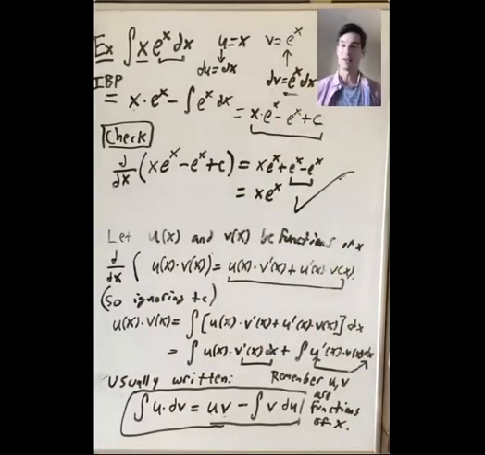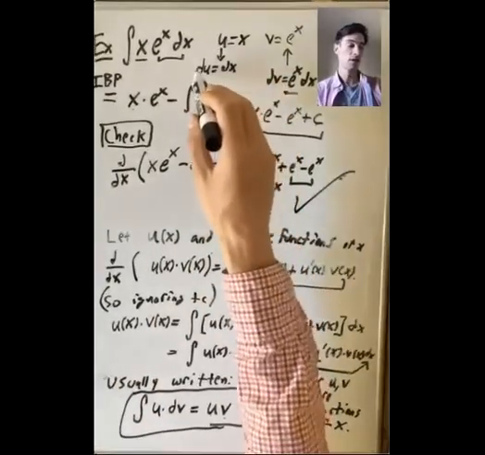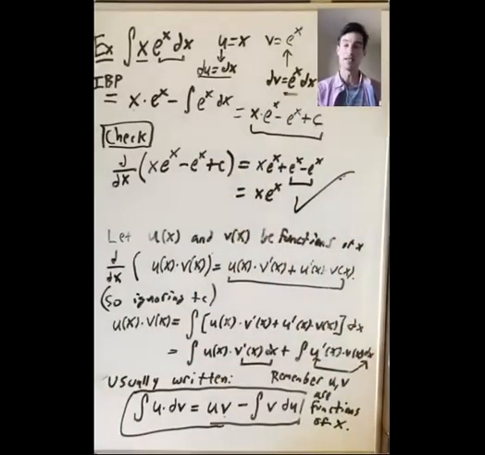And an antiderivative of e to the x, we know, and it's not more complicated than the function we started with. The function that is equal to u, you're going to get a du by differentiating it. So we started with a function x that actually gets simpler when we differentiate. So this is the main idea behind integration by parts, which is a really powerful technique that works super well when your integral is given to you as a product of a couple of things.